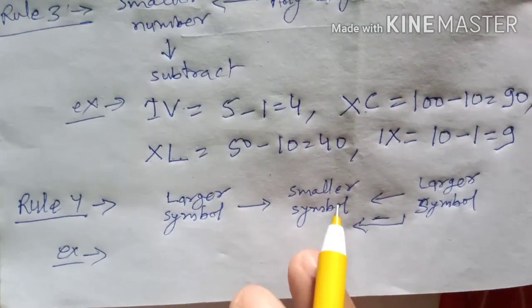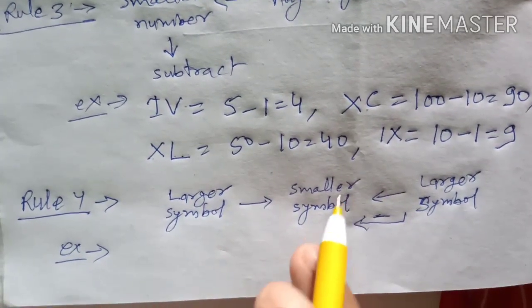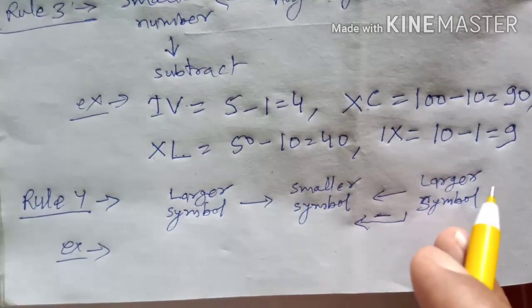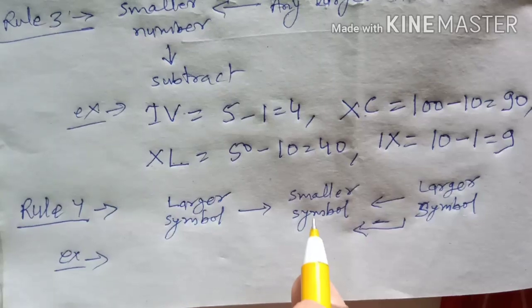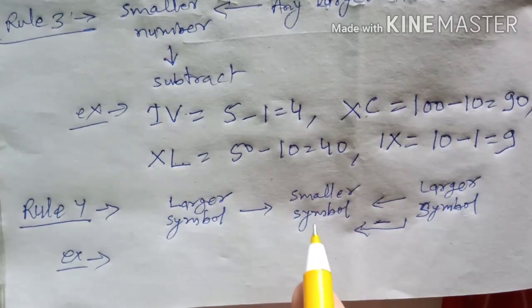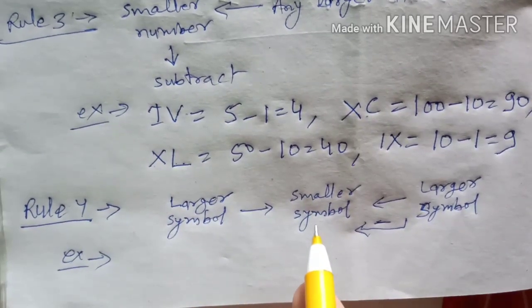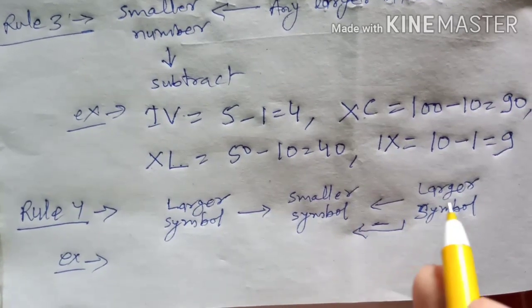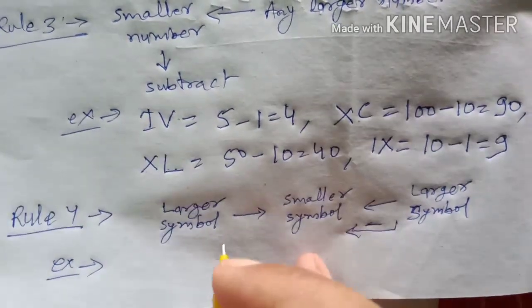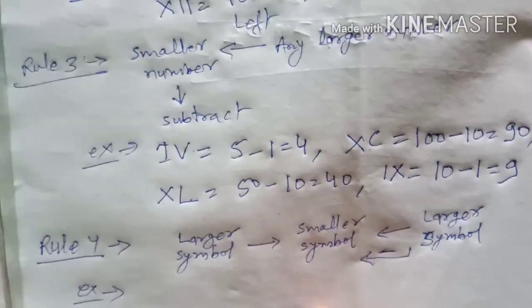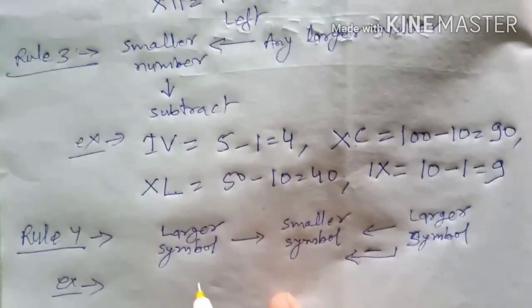If any smaller symbol, I repeat, lies between two larger symbols, then the number denoted by the smaller symbol will be subtracted from the right larger symbol. See example, see XIX.